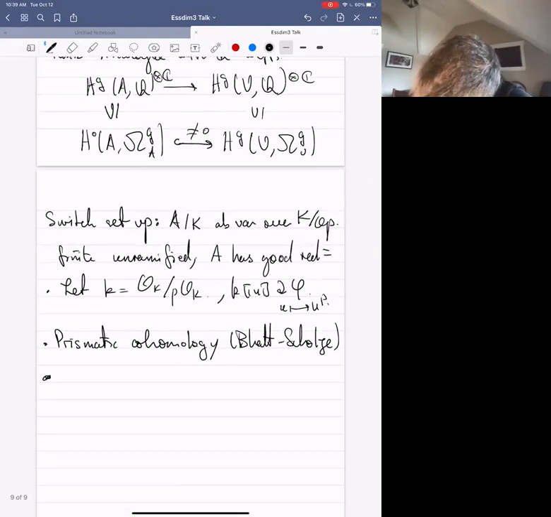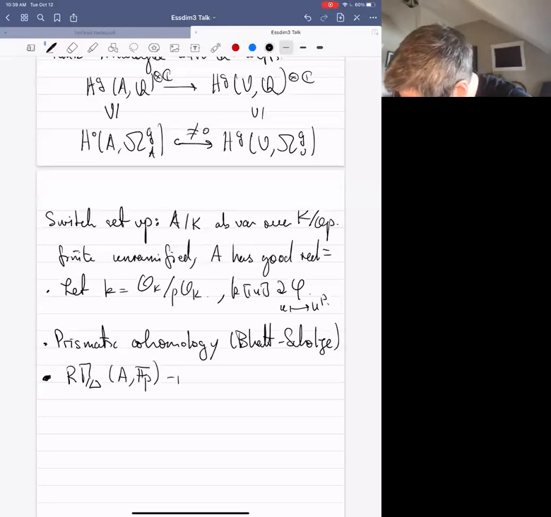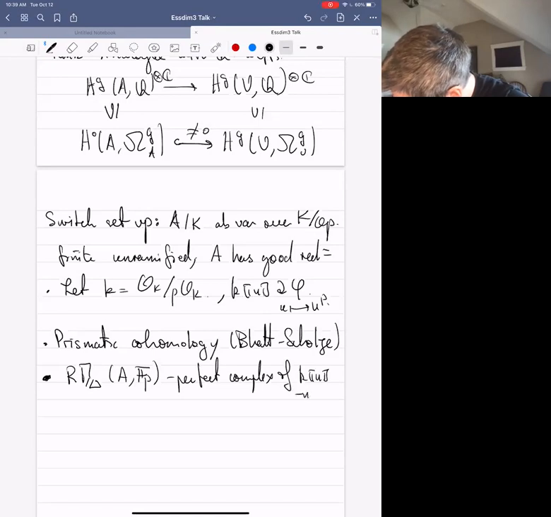And I'm not going to tell you the definition. I'm going to tell you what the output is of this. Okay. So first of all, it gives a complex. It's a perfect complex of modules over this ring, this power series ring.